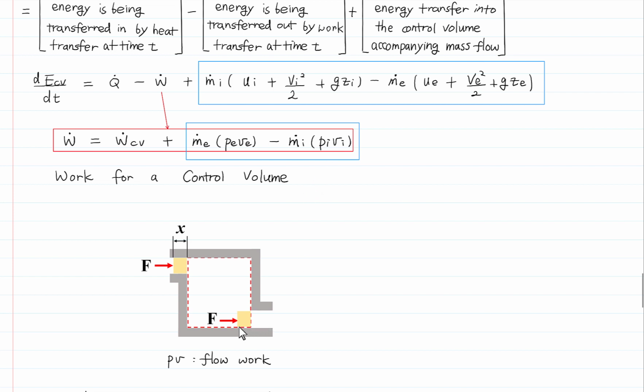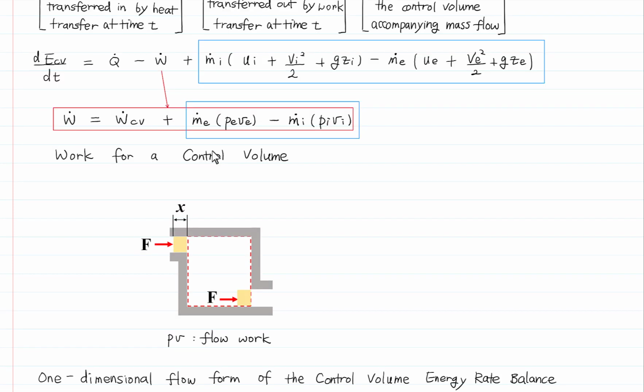In the same way, when the fluid is going out of the system, the fluid is pushed out of the system by the fluid behind it. And this kind of work is called the flow work. This flow work corresponds to m dot e times Pe times ve. And the flow work is expressed as P, pressure, times v, specific volume.